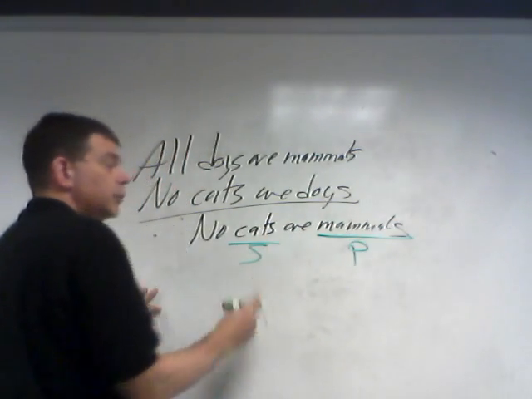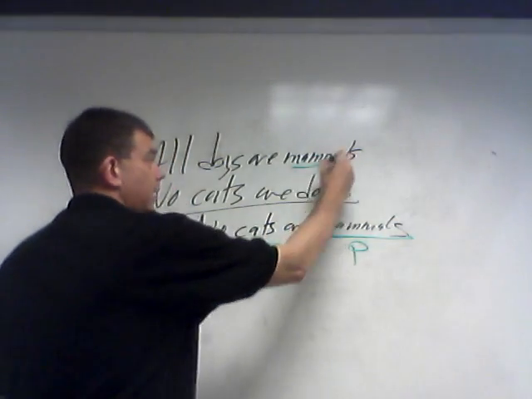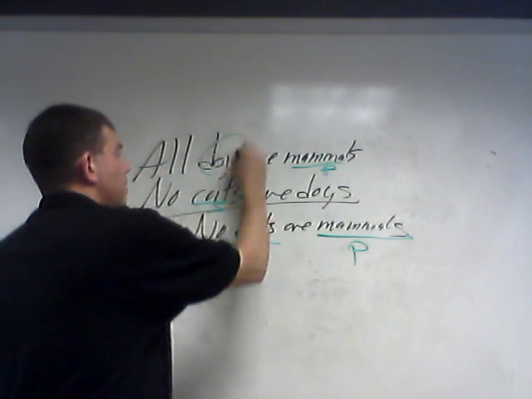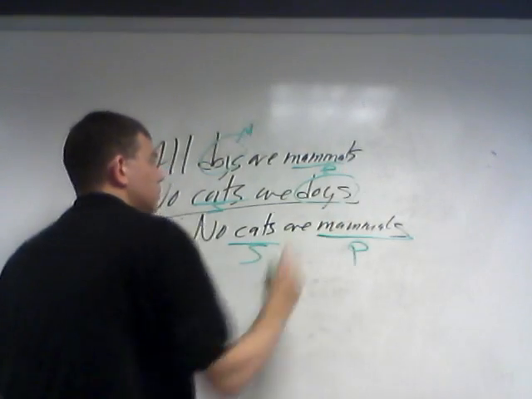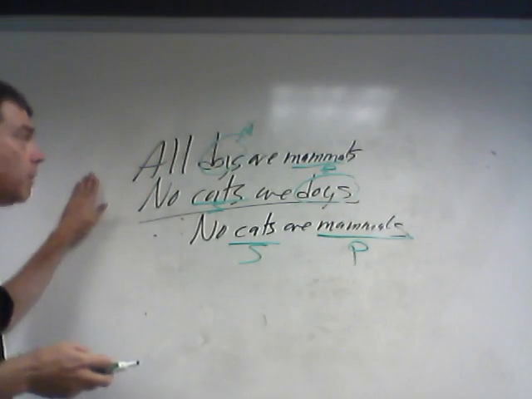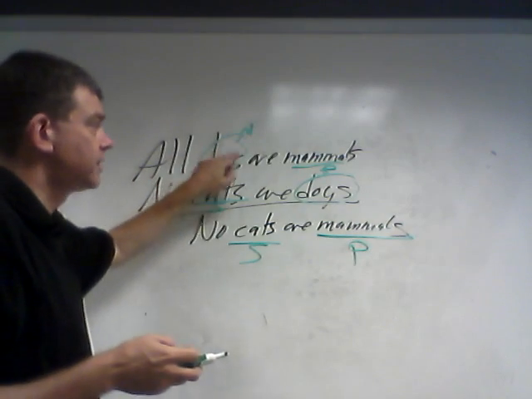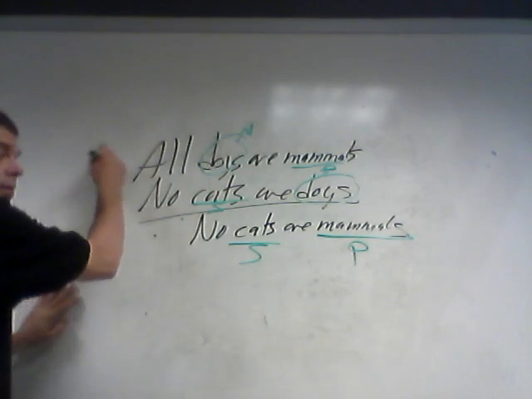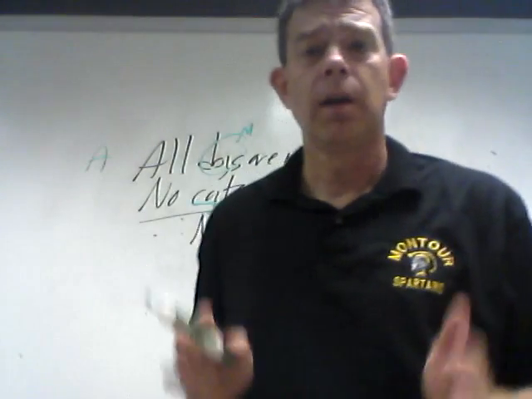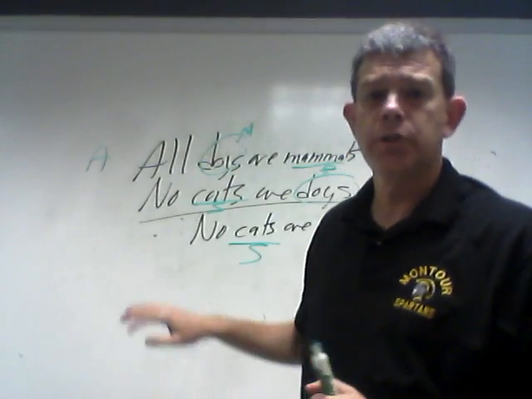P, S. So I now know my major term is mammals. My minor term is cats. My middle term is dogs. I need to figure out if the middle term got distributed. I look in the first premise. All S is P. That is an A statement. In an A statement, what got distributed? In an A statement, you always distribute the subject.